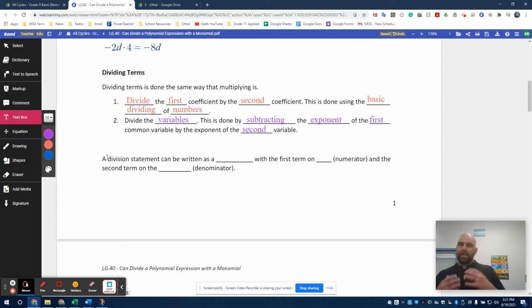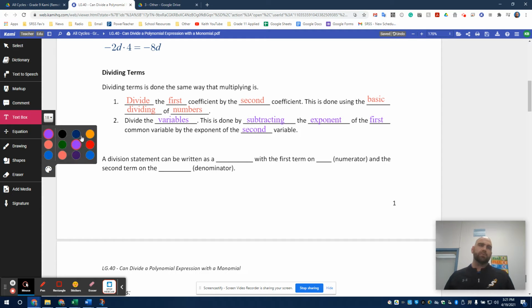Just like we did with our exponent laws, which we've just gone through, we're going to subtract the exponents because we're dividing. But we can only do it if they're like bases or like variables. We can't do it if they're unlike variables.